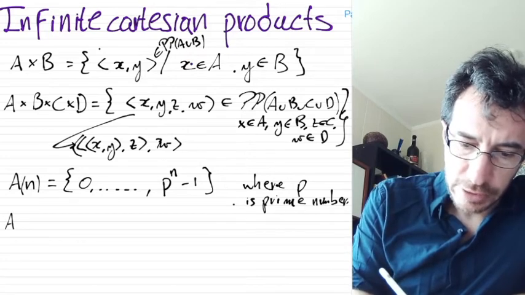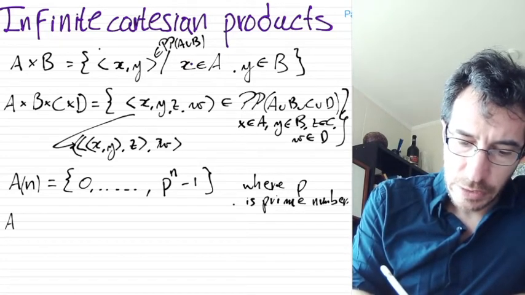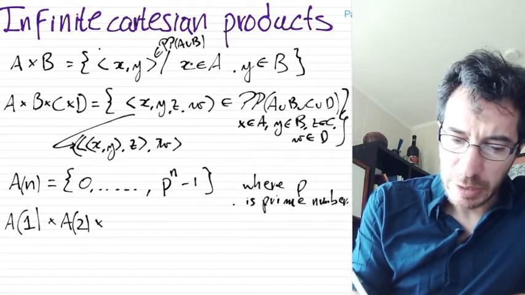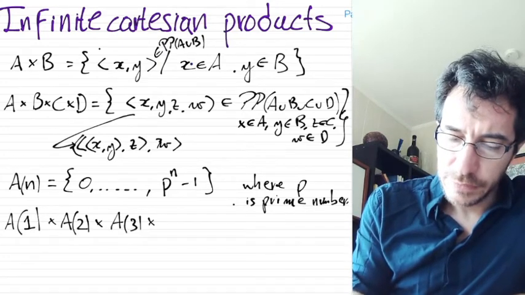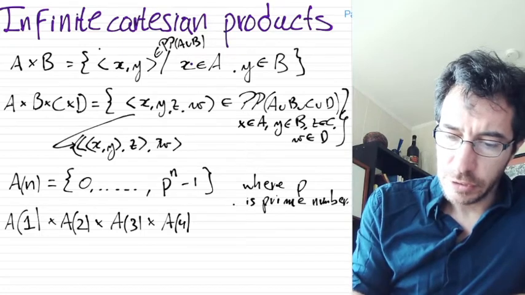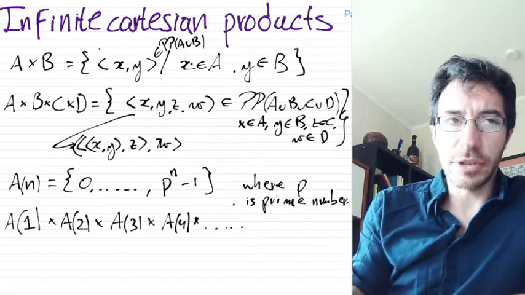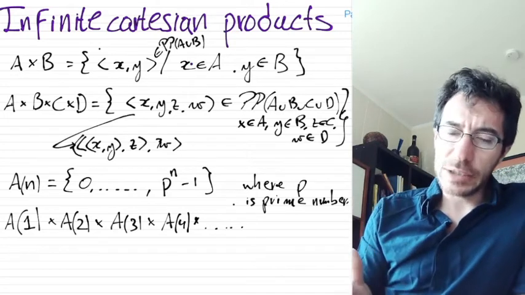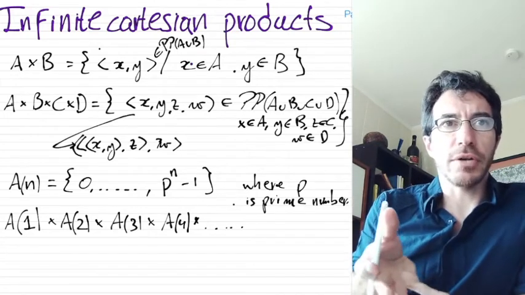We want to define A1 times A2 times A3 times A4 times, all the way, all these sets together. What will that look like? What will an object of this product look like?